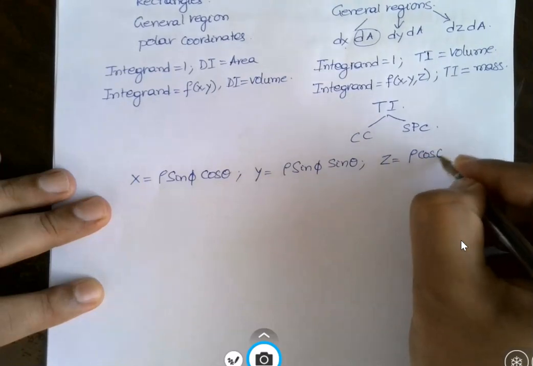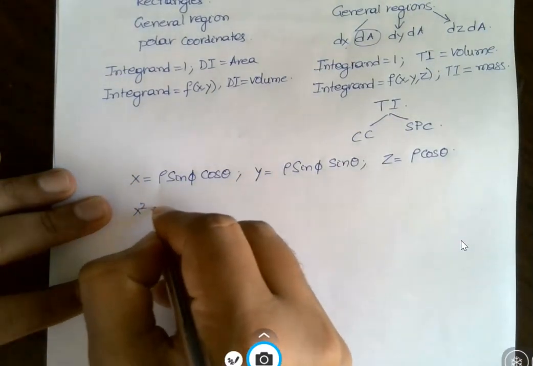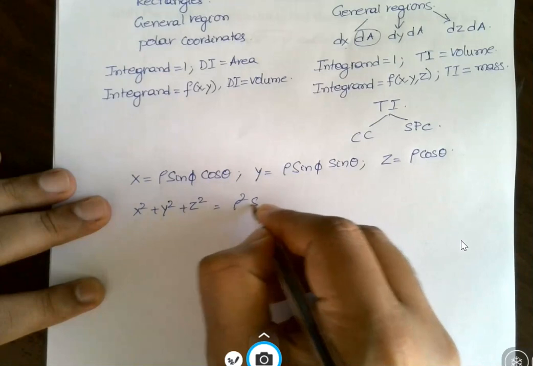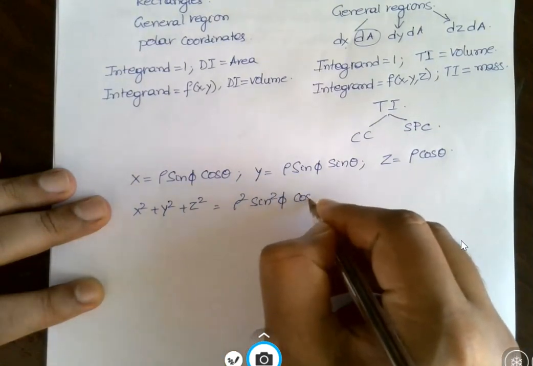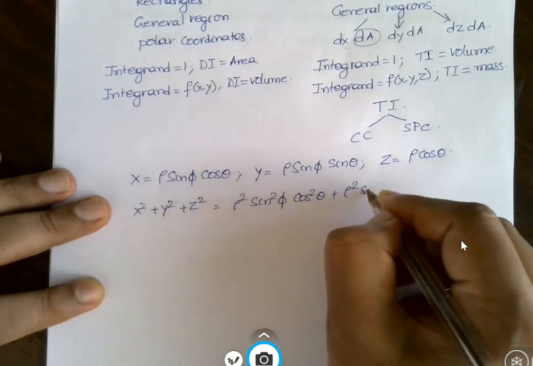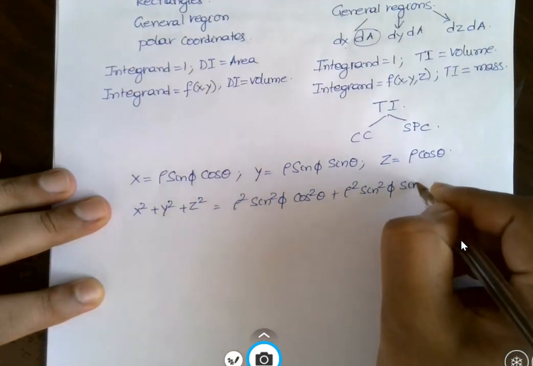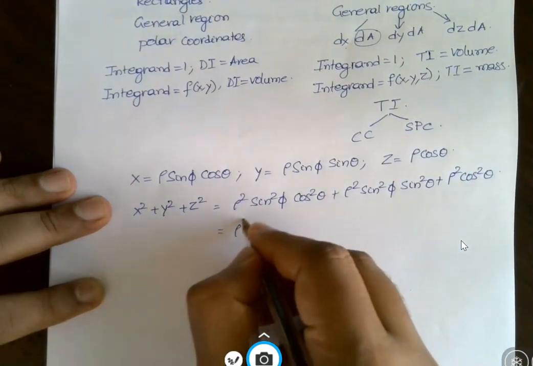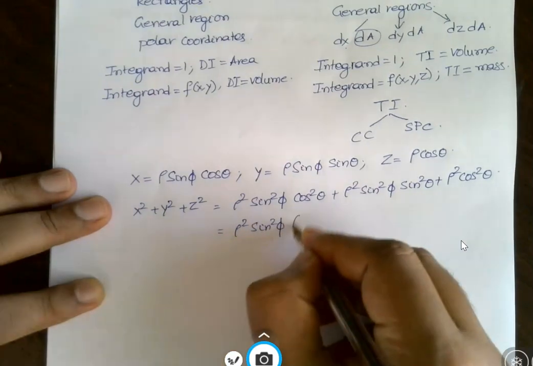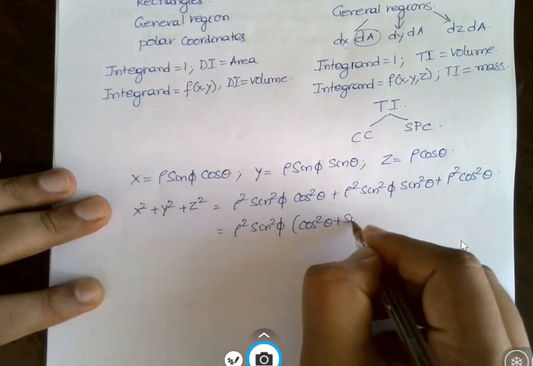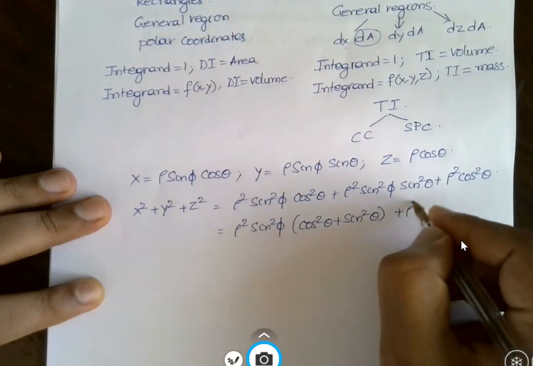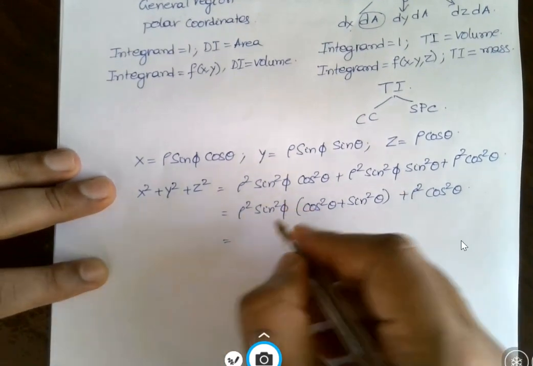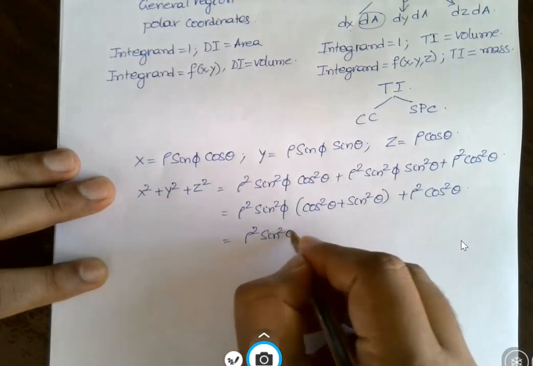rho cosine theta. When you do x squared plus y squared plus z squared, you get rho squared sine squared phi cosine squared theta plus rho squared sine squared phi sine squared theta plus rho squared cosine squared theta. When you factor out rho squared sine squared phi, cosine squared plus sine squared is 1, so that gives you rho squared sine squared phi.